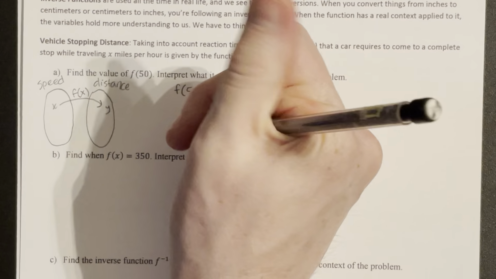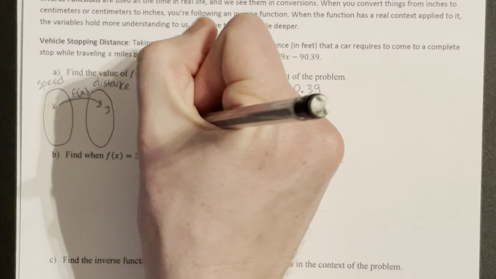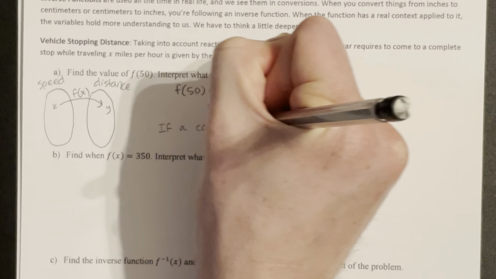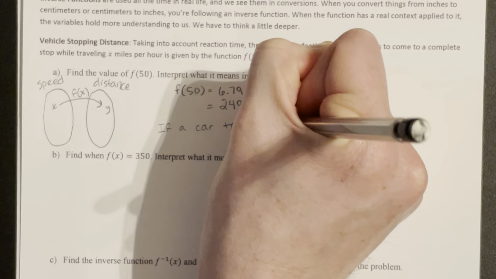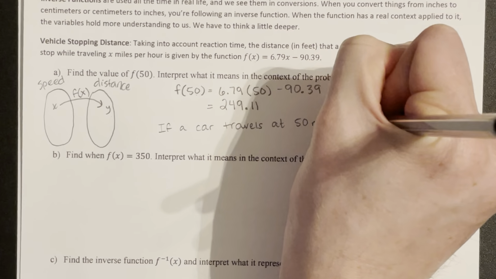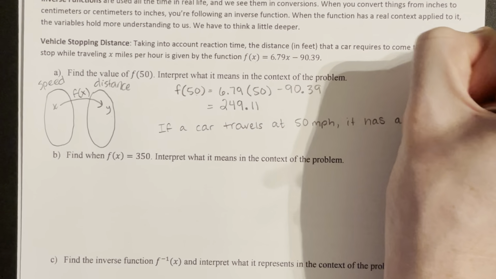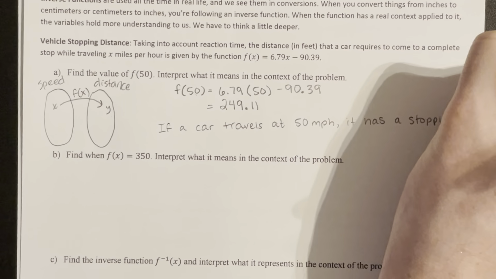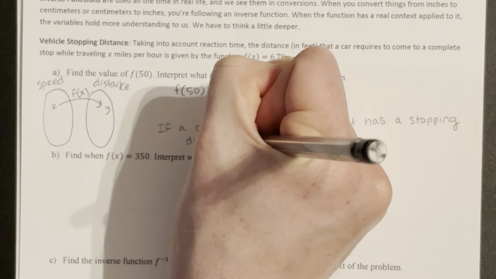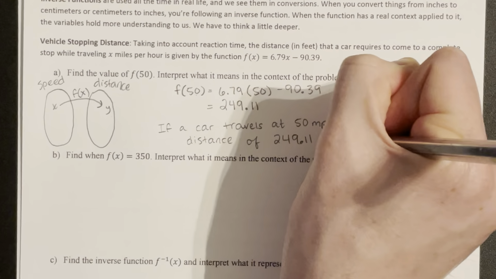So now this is showing the output, or the distance, is 249. In context, this means that if a car travels at 50 miles per hour, it has a stopping distance of 249.11 feet.